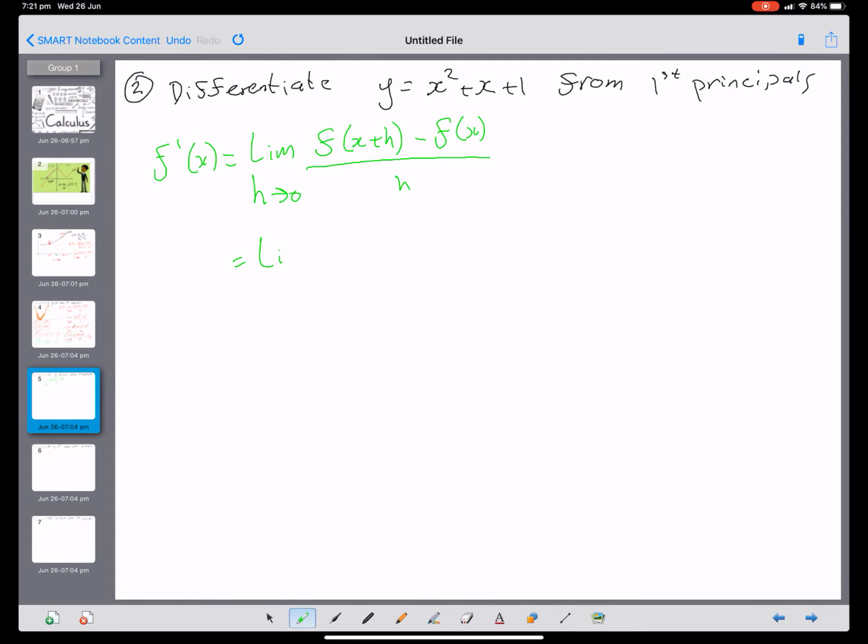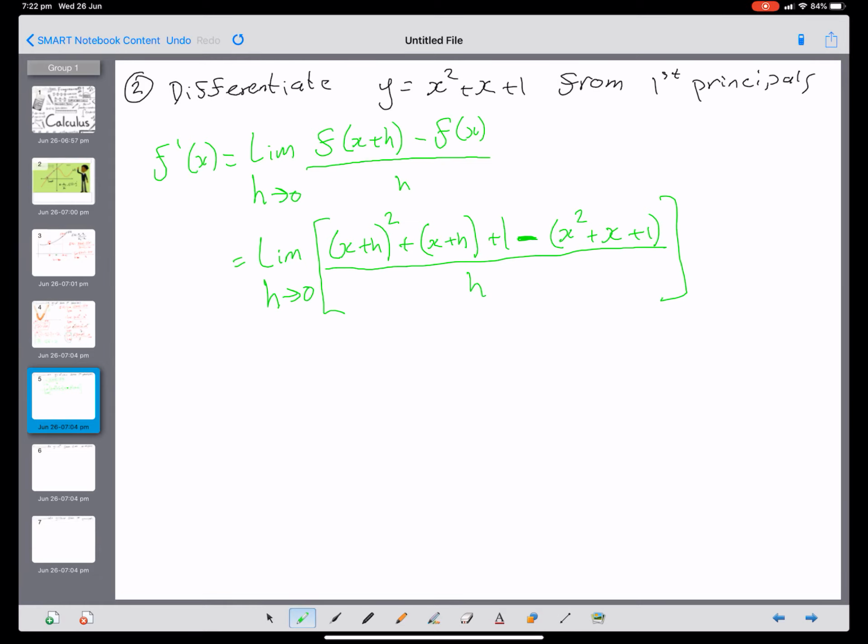Okay, so we must write down the limit each time. So we need to add on h to each value of x. Let's do that then. We've got (x plus h) squared plus (x plus h) plus 1 minus (x squared plus x plus 1), close bracket, and divide all by h.